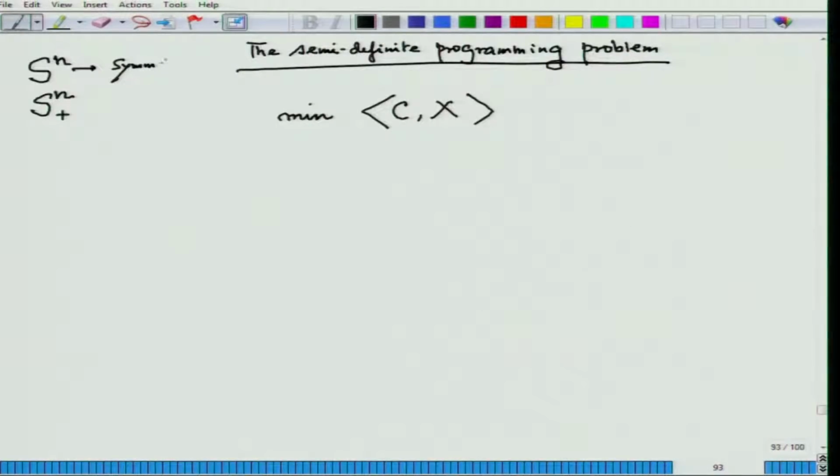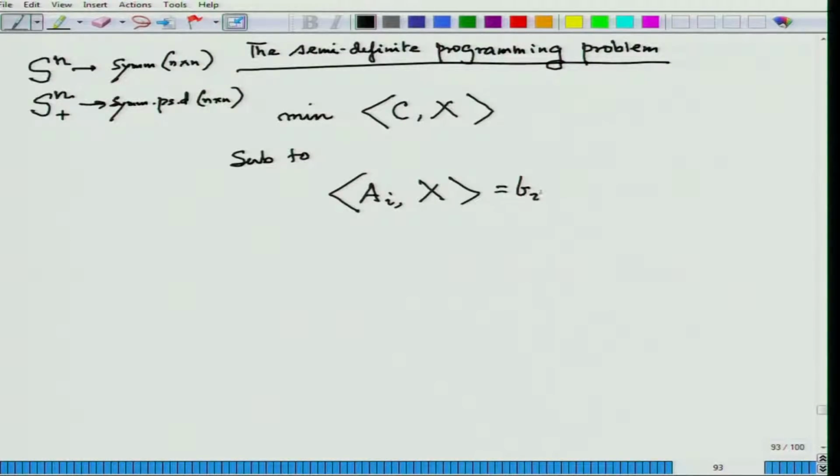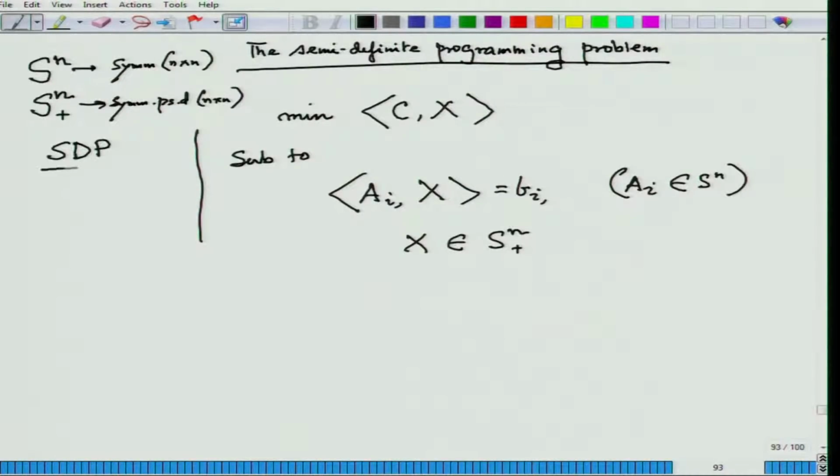They are symmetric n cross n, PSD n cross n, right. Of course, each Ai is in Sn and x should be in Sn plus. Rn plus is now replaced with Sn plus. So, this we have already discussed earlier as an important class of convex optimization problem, a semi definite programming problem, or colloquially known as SDP.